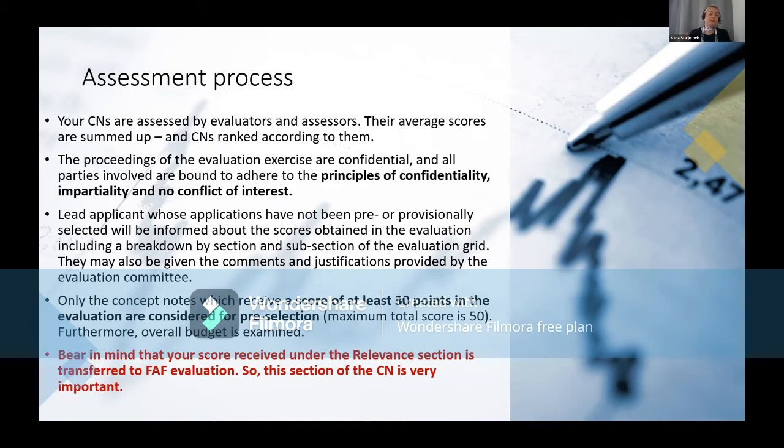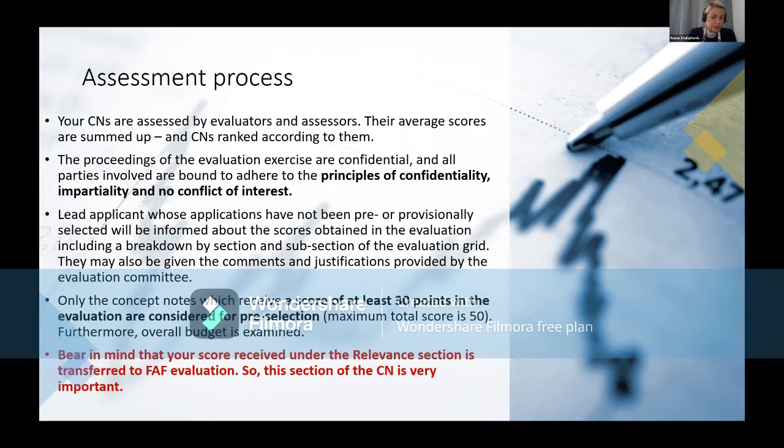And they can even be given the comments and justification provided by the evaluation committee about the given scores. All the others who are selected for the second stage will not be informed about the scores. They will just be invited to submit a full application.